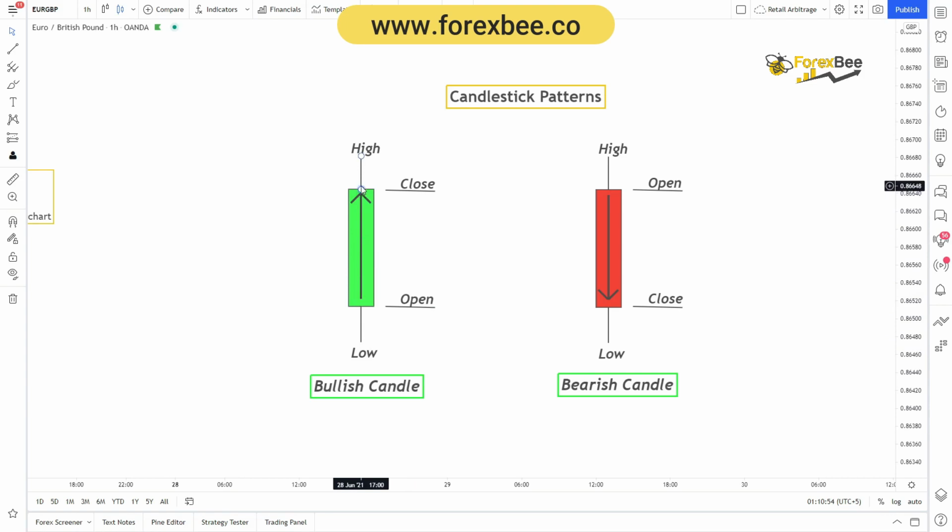Then it reached this high level, and again it started going downward and closed at this level. So the candlestick opened here, went lower, then went up towards this high and closed at this level. So this gives us the high point, this gives us the low point, and this is our open and this is our close.